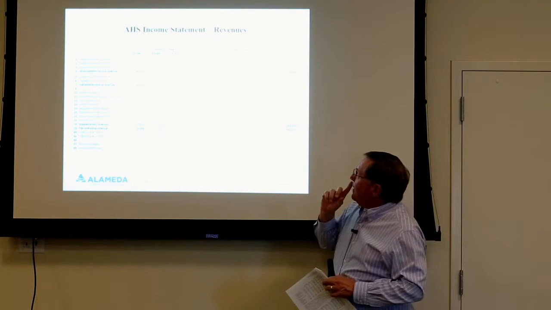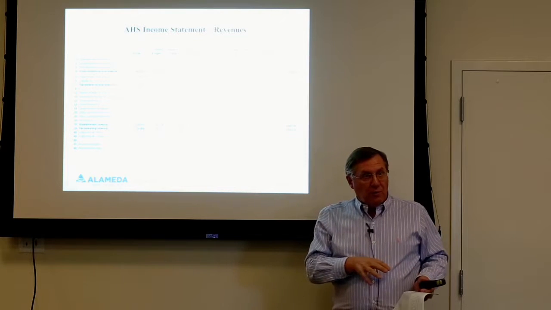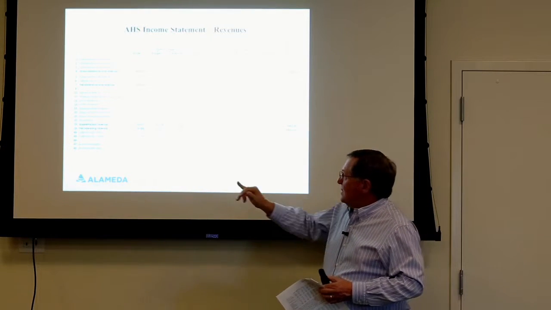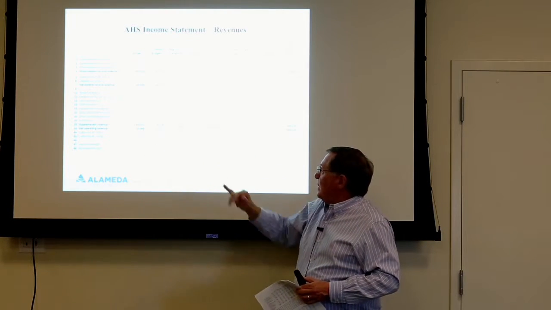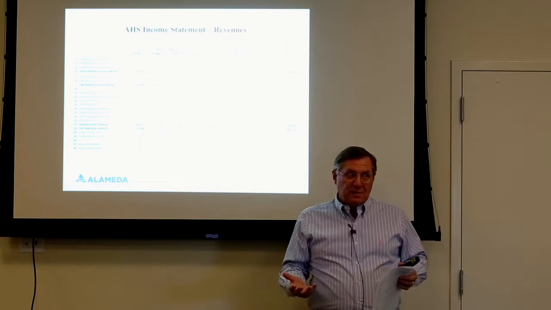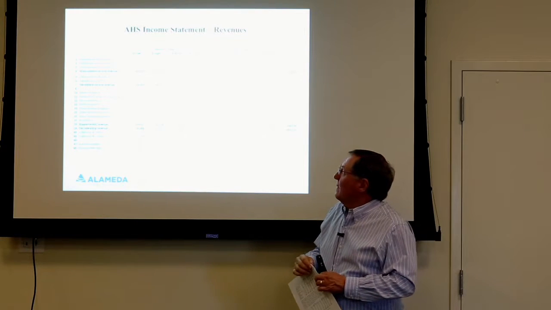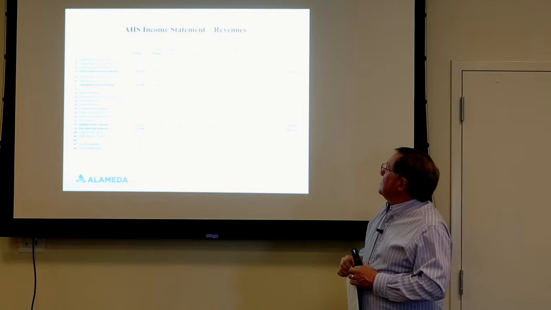Because you might care about how you're doing in the current month compared to the year to date. In this case, 74 million for the month, 750 for 10 months. That's pretty close: 74 times 10 is 740. And there are fewer days in April than some of the other months.